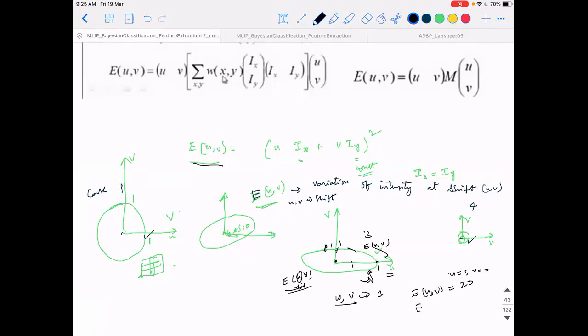In the other case, where U equal to 0 and V equal to 1, E(U,V) is equal to 5. Then there is a high variability in this direction. So the way we sketch it, or the way we fix which one we are fixing, the variability changes.